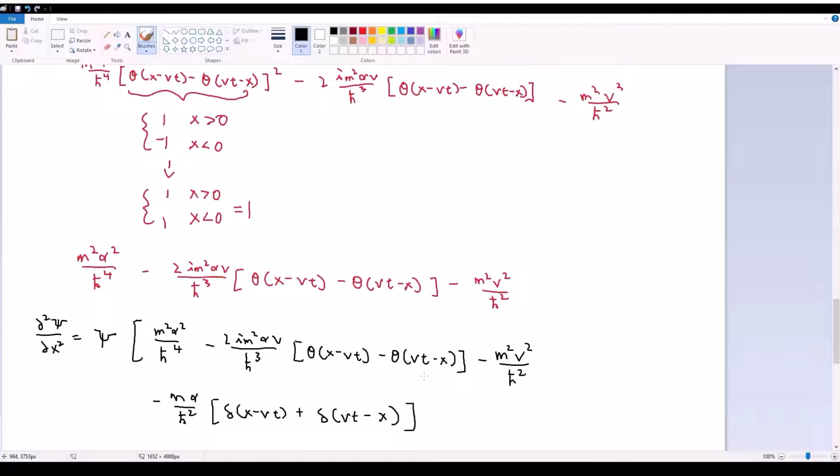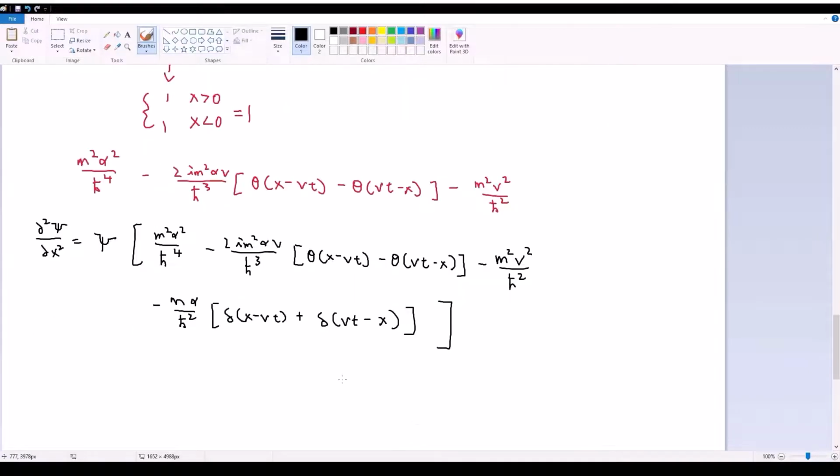And then once again, we can take advantage of the fact that Dirac deltas do not care for inverses or negatives in their arguments. So this actually equals m squared alpha squared over h bar to the 4th minus 2i m squared alpha v over h bar cubed, oh, whoops, I forgot to add the internal bracket.